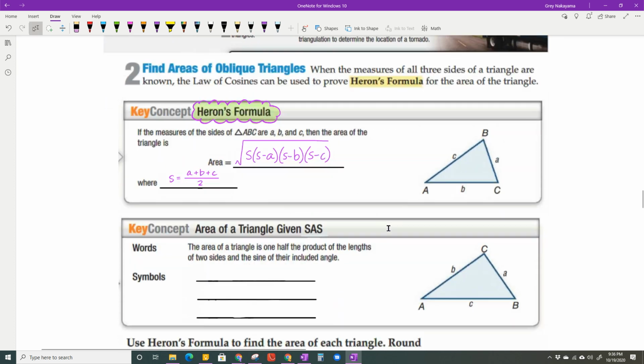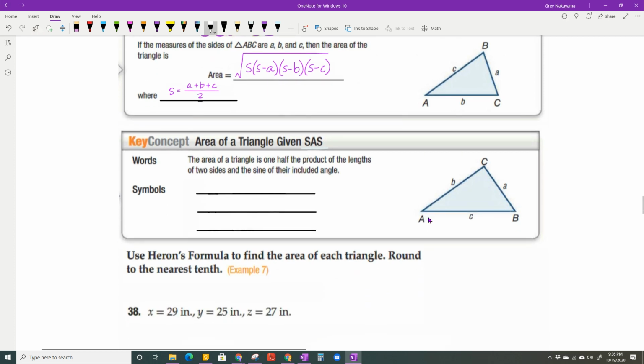Okay. The other formula that we have is the area of a triangle given two sides and the angle in between them. So it is written in 3 different ways just to help you understand. So I'm going to show you what they are real quick and point out what you really need to remember. A is equal to 1/2 AB times the sine of C, or it's equal to 1/2 AC times the sine of B, or 1/2 BC times the sine of A. Okay, the letters don't matter so much.